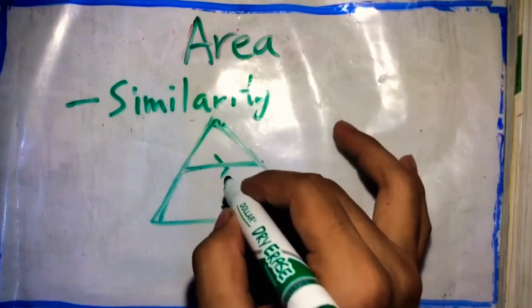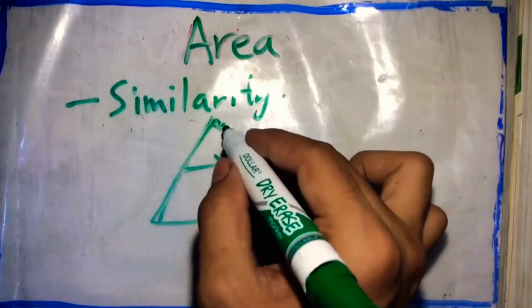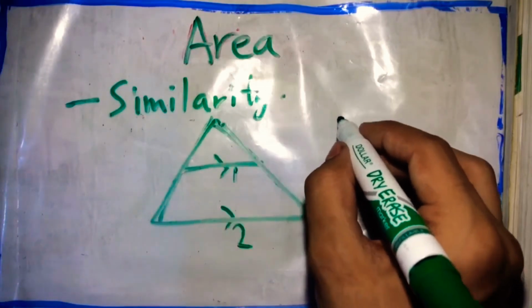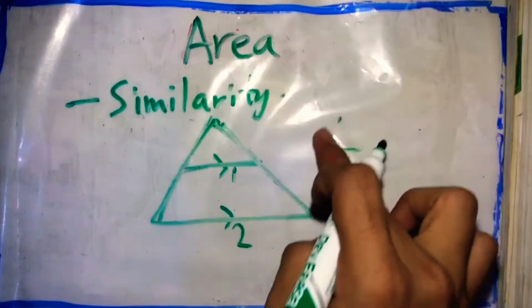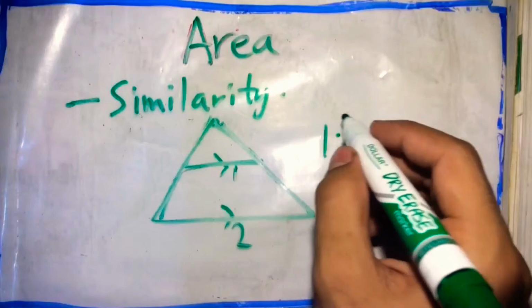If these 2 lines are in the ratio 1:2, the areas of this triangle and this triangle will be in the ratio of 1:4, as it's the square of 1:2.